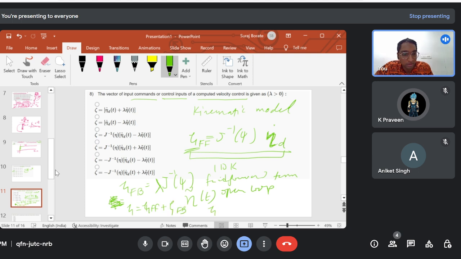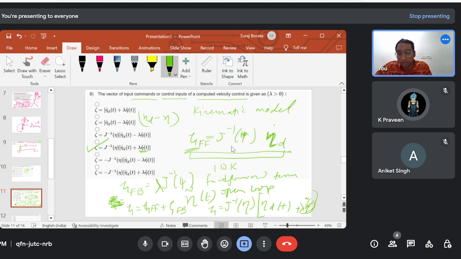So eta is J inverse of eta, and inside that we will have eta d dot of t plus lambda into error, where error is nothing but eta desired minus eta. So this is the answer.